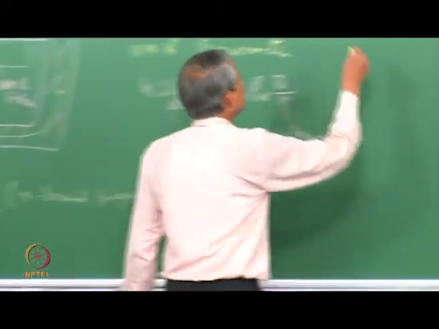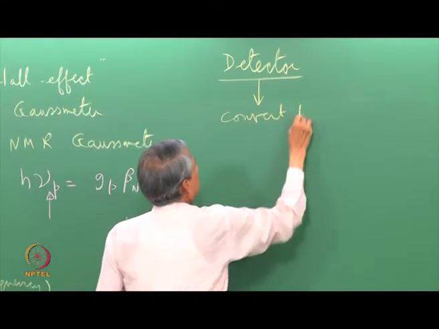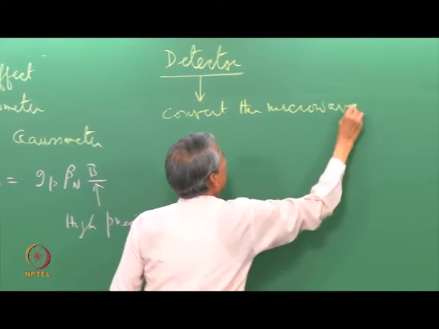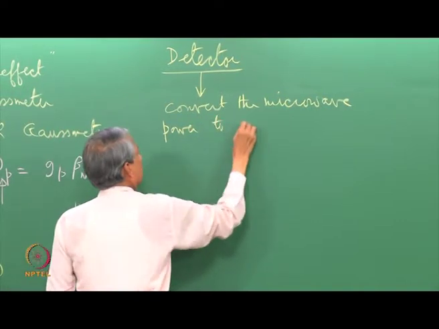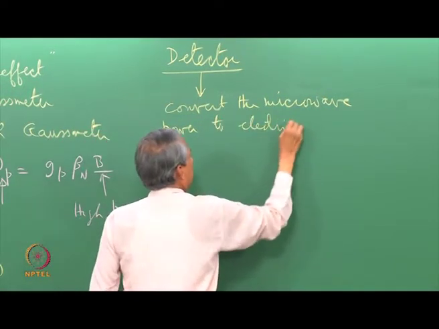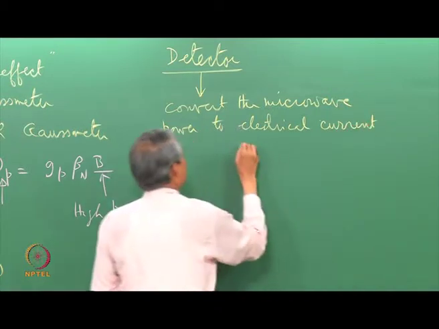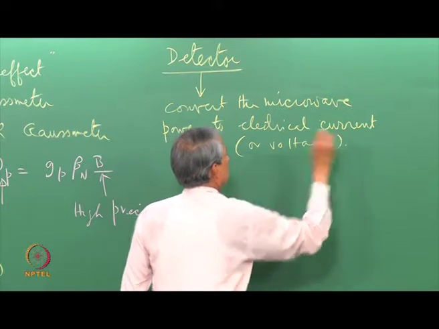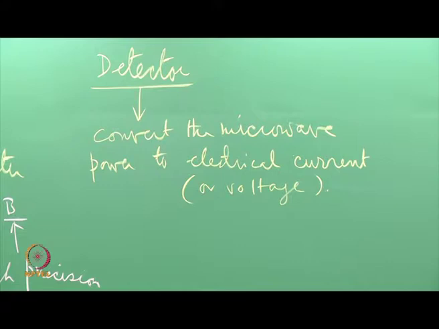So, what it does is convert the microwave power to electrical current or voltage, so that it can be further amplified and recorded.